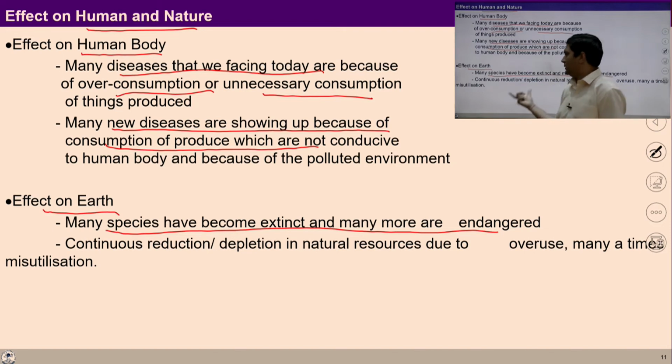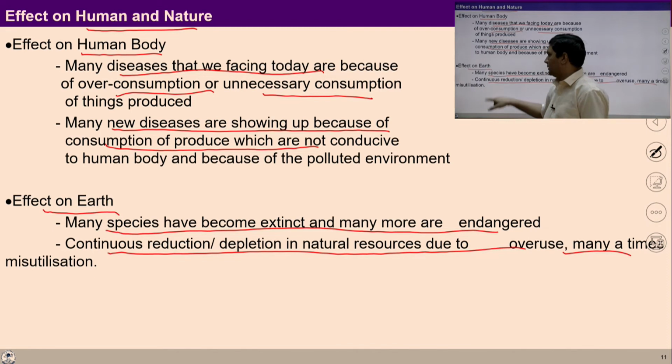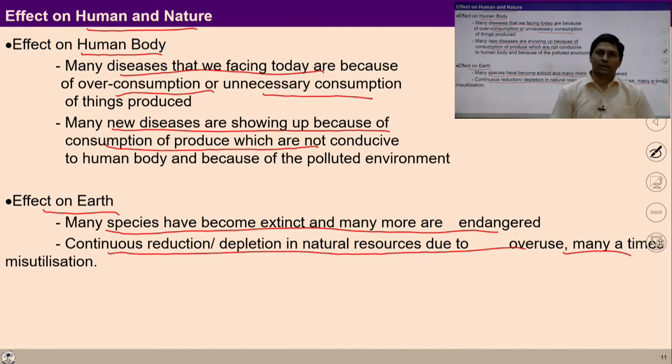Many species in the last 100 and 200 years have become extinct due to our industrial process, due to our gratification of senses, due to productions which are not being utilized by human beings. Continuous depletion of natural resources due to overuse, many a times misutilization, all these affect the earth and its ecosystem.